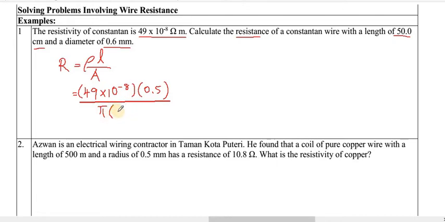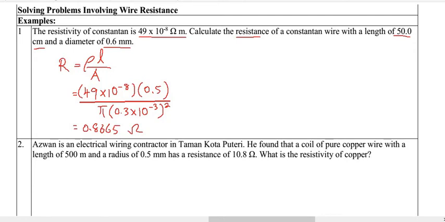Radius is 0.3 millimeter, must change into meter, so 0.3 times 10 power by negative 3. And then pi r square, right? So this must be squared. Alright, so calculate how much is the resistance. Okay, you get 0.8665 ohm.